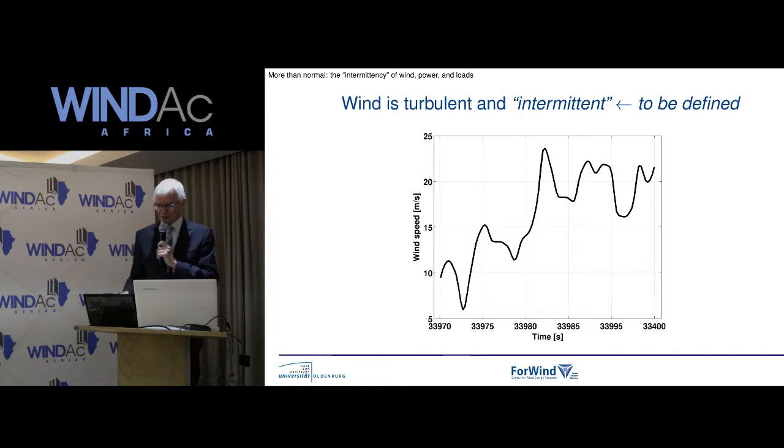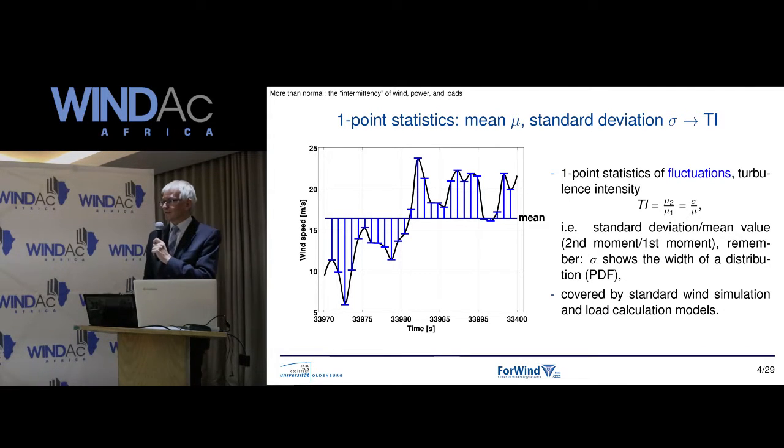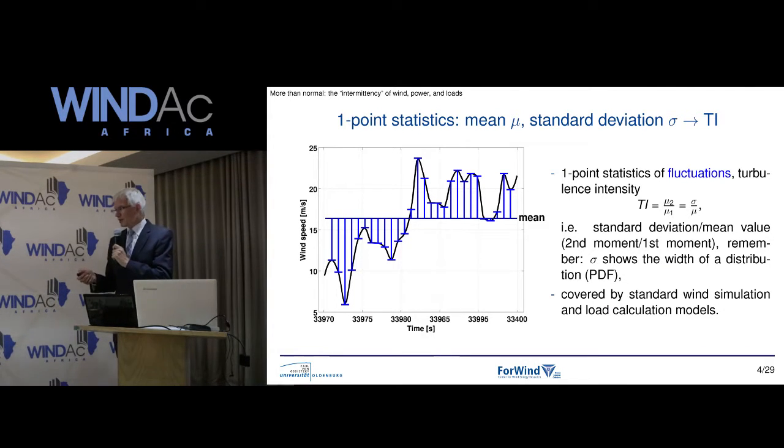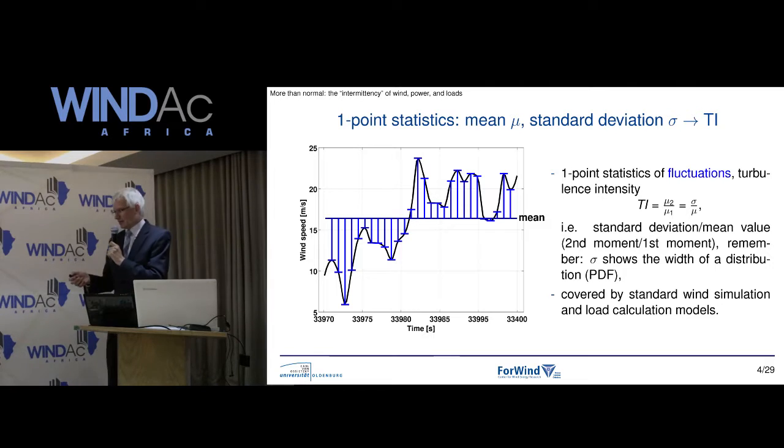What we usually do is we calculate the mean value and we look after the deviations from the mean. And this approach is called a one-point statistics of fluctuations. From this we can define the turbulence intensity, which is simply the standard deviation divided by the mean value.